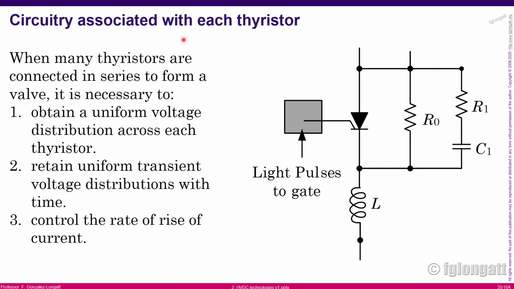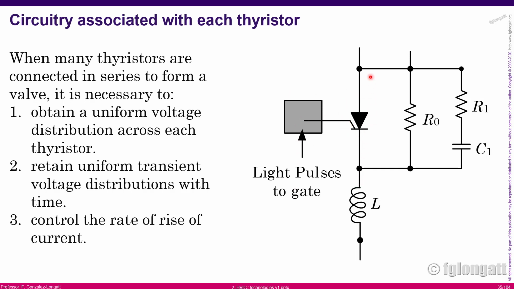Over here, you can see that the thyristor has evolved a lot, okay? And right now, because we are working with ultra high voltage, we are using light in order to create the pulse that goes to the gate of the thyristor, okay? That is something that is quite new, probably less than 10 years, but right now we are using fiber optic in order to send the signal for the commutation of those devices, okay?